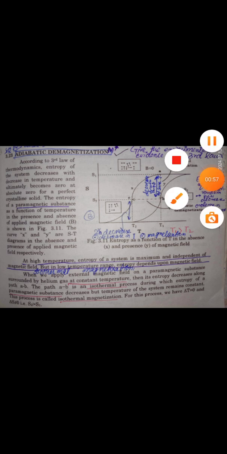When the temperature is very high, it means that the entropy of the system is highly available. And this is independent of the magnetic field. This is the range where the temperature is maximum, T1, and at that point A, S1 means that entropy is maximum. You can see here that this is a paramagnetic substance with zero magnetic field, B equal to 0.